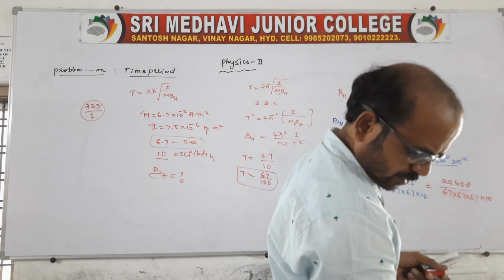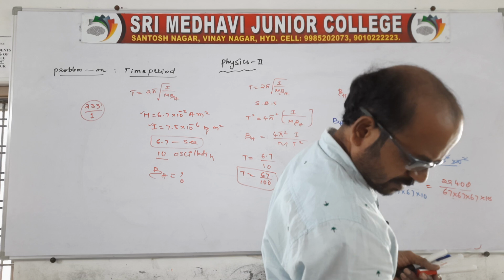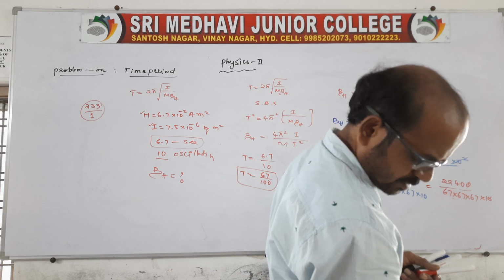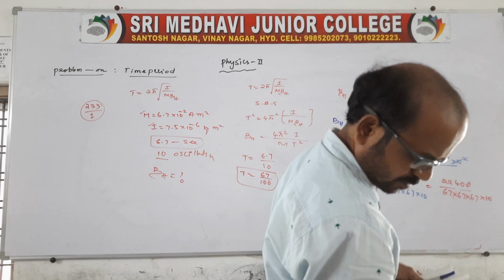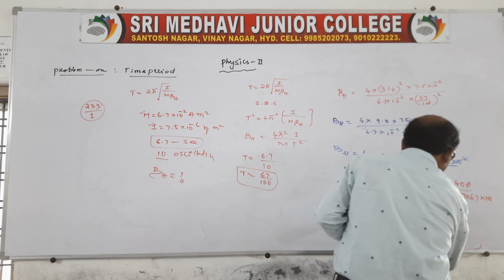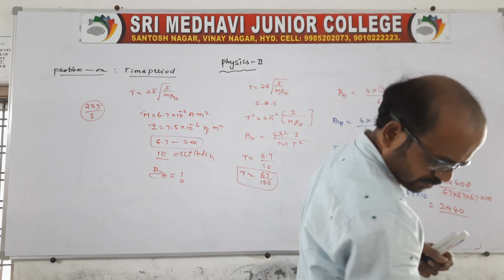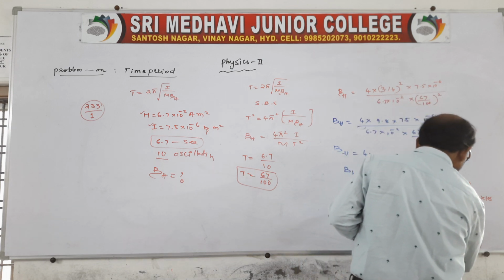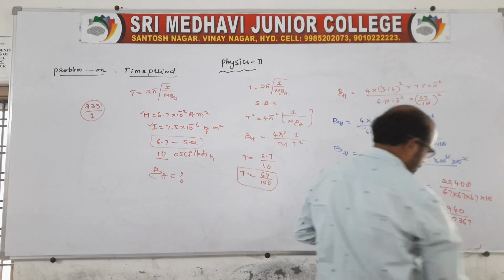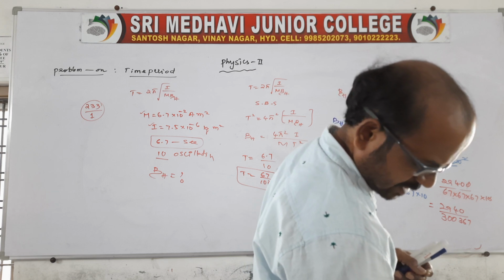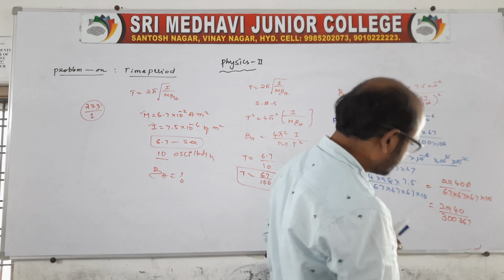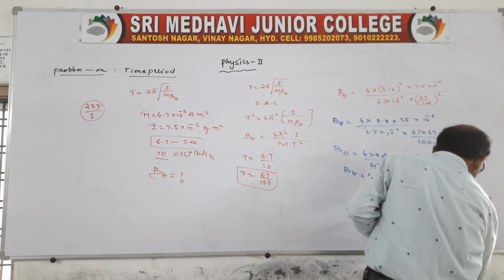Again 67 × 67 × 67 is approximately 300,763.